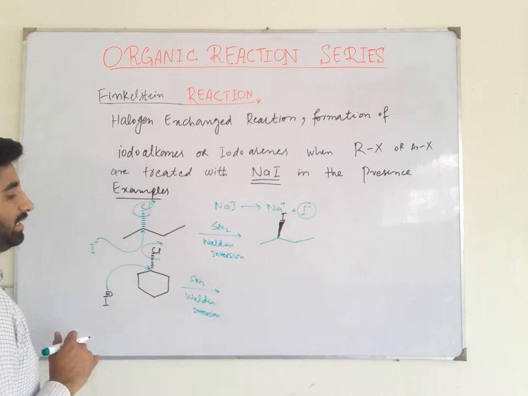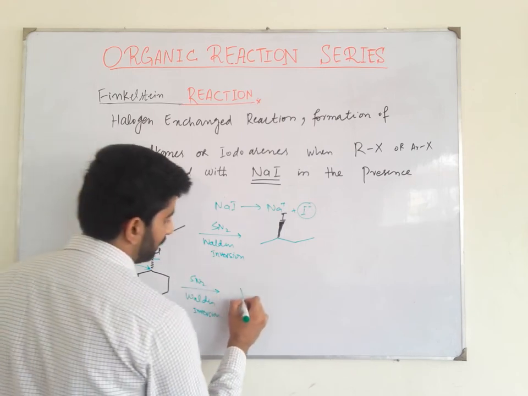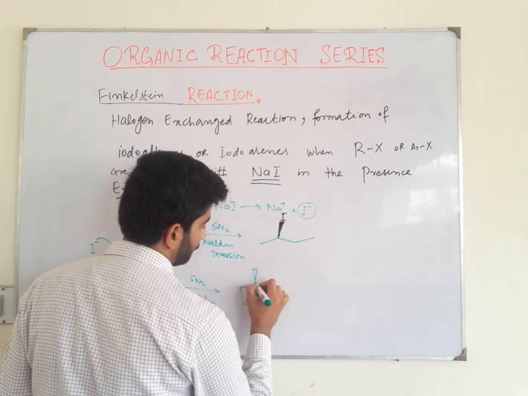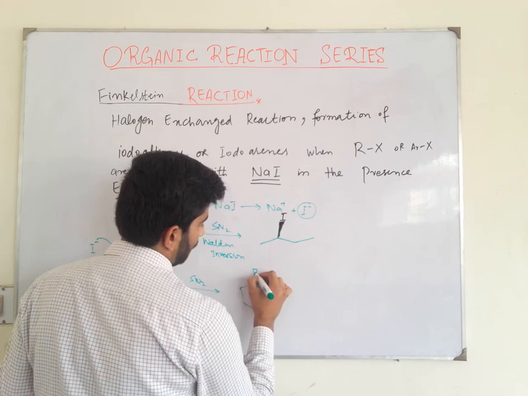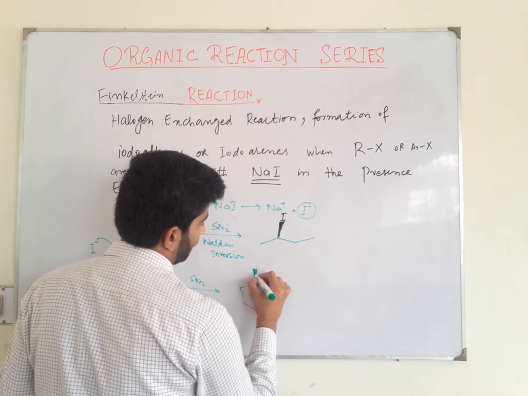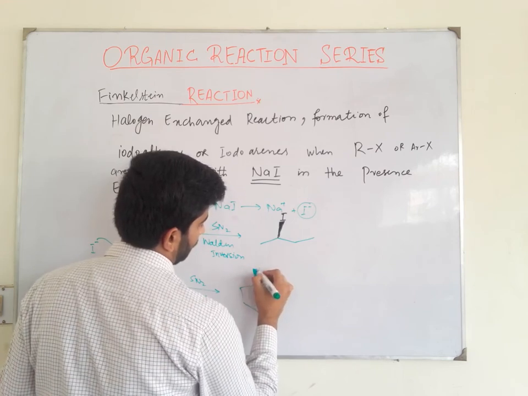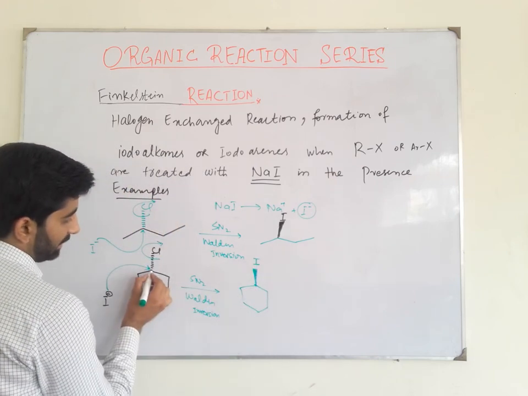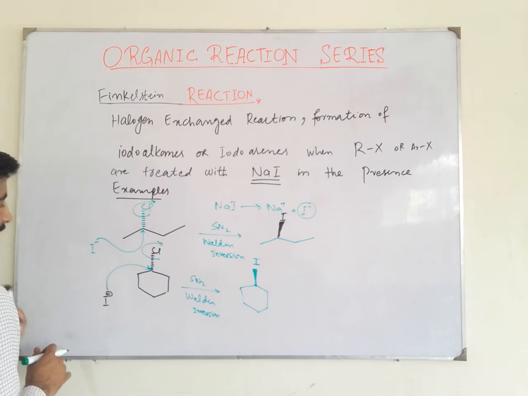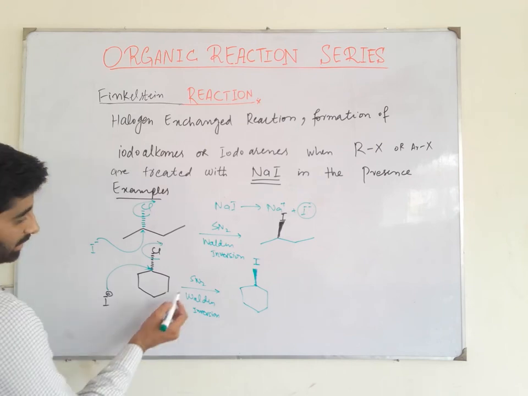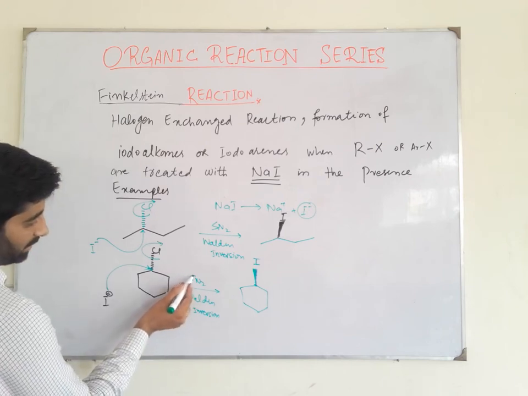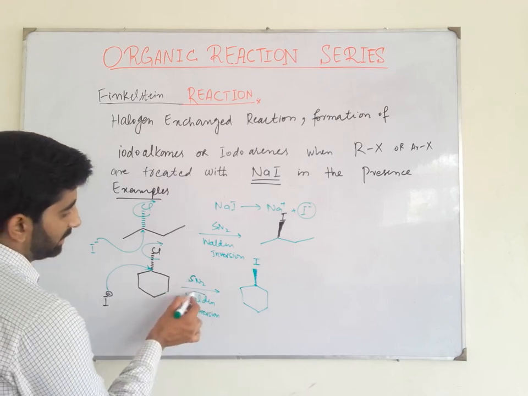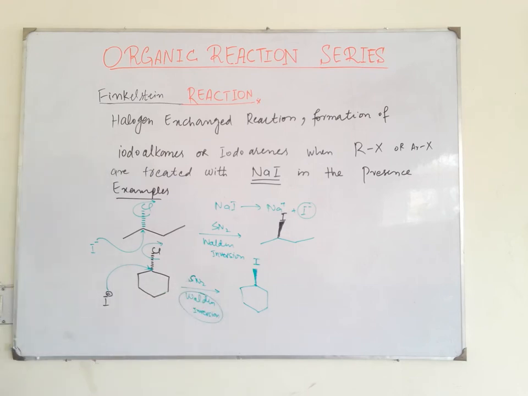The reaction takes place in the presence of acetone, and there is formation of iodoarene. The stereochemistry of this chiral center is different from the stereochemistry of this chiral center. So due to the inversion of the configuration of chiral centers during the SN2 reaction, this is called Walden inversion.